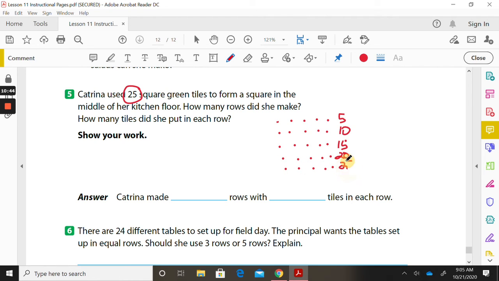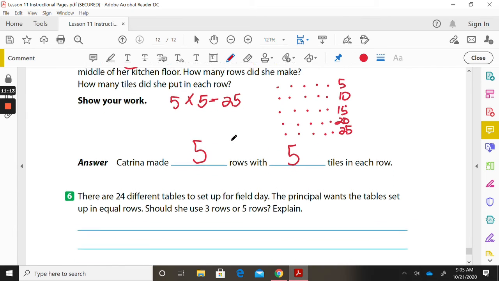And 5 more would make 25. So let's see how many rows we have. We have 1, 2, 3, 4, 5. So we made 5 rows with 5 tiles in each row. We could also say that we know this multiplication fact: 5 times 5 equals 25.